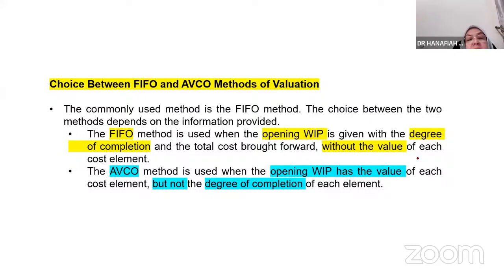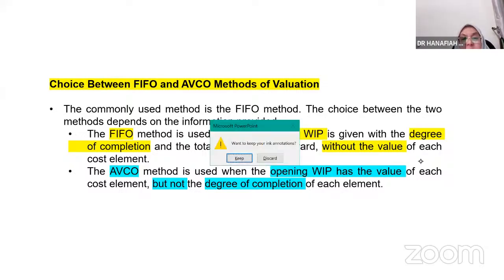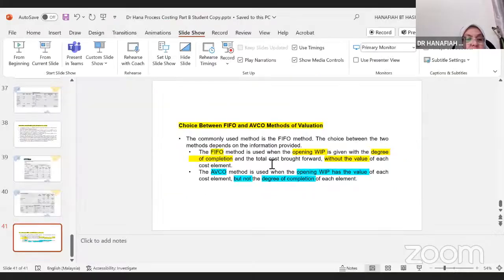And normally in the question, if your lecturer is kind, she will let you know which method, or otherwise he will be silent. No information, no instruction, but the information is available in the question. So that is basically about the equivalent unit.